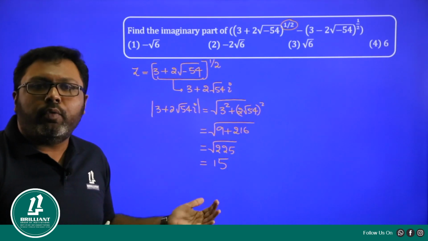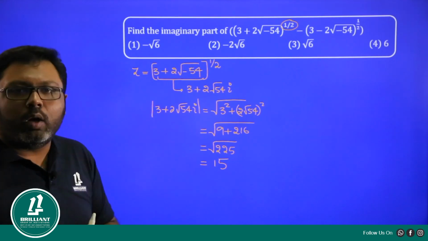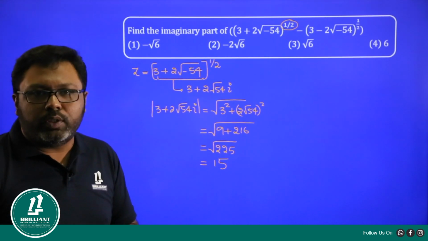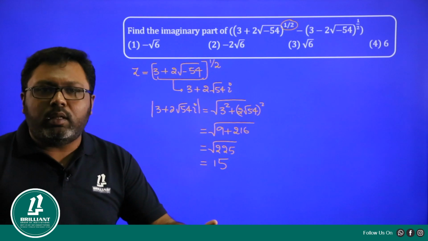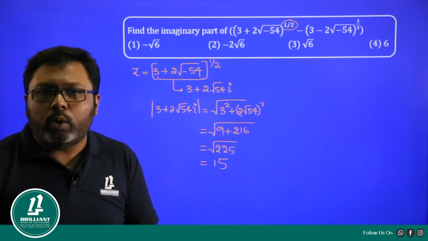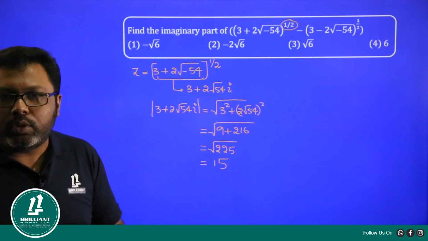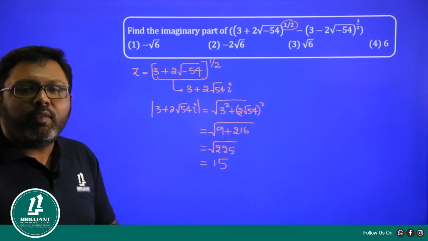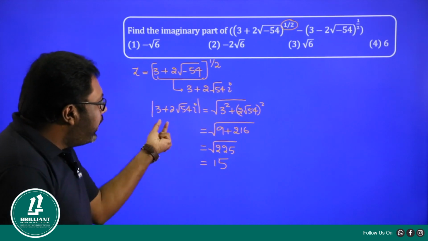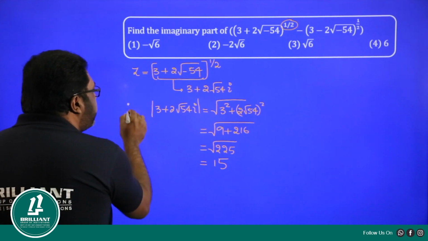Now, how do I find the square root of this complex number? There's a shortcut. In the normal CBSE NCERT textbook, if you follow that method, it takes around 1.5 or 2 pages to do the solution. But here we have a very quick method. That is why I'm asking you to find the modulus of z.